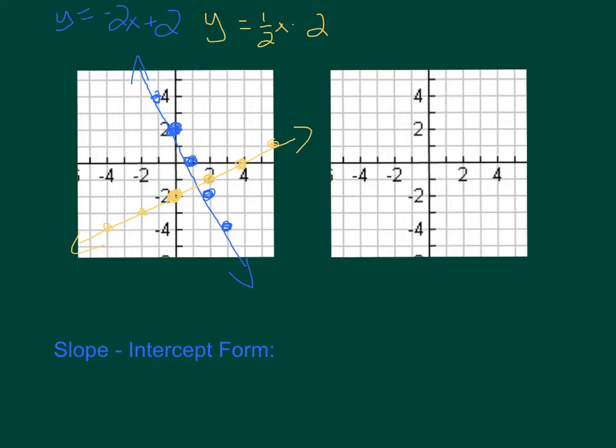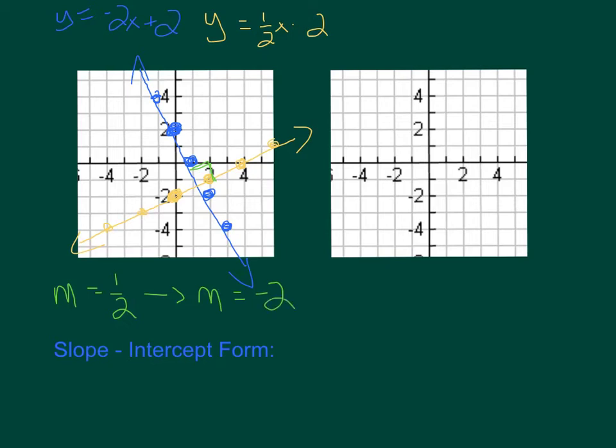Now, notice here, these lines cross each other, don't they? And they cross each other at a very special angle known as a right angle. And when something crosses at a right angle, you can draw in that little box. Now, why is that? It has to do with the slopes. One of the slopes was 1/2, and the other slope was negative 2.